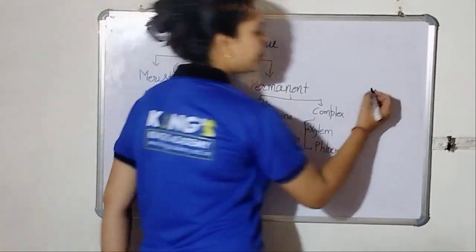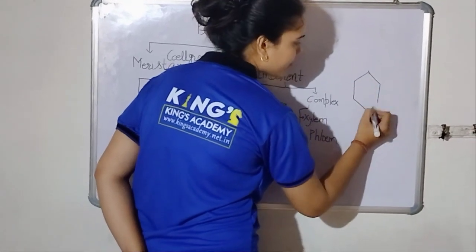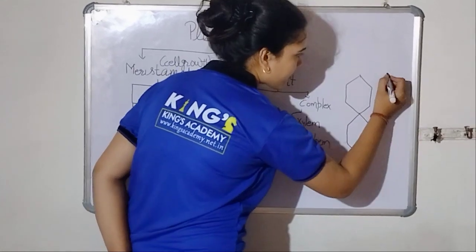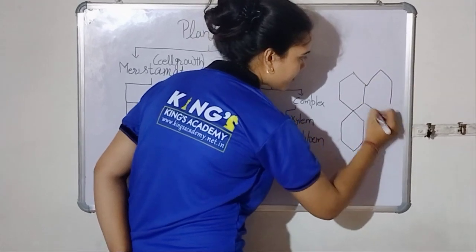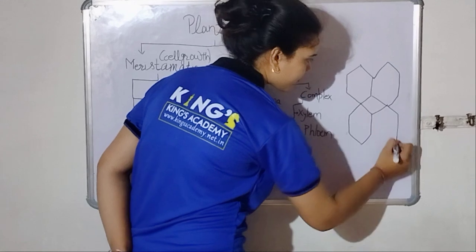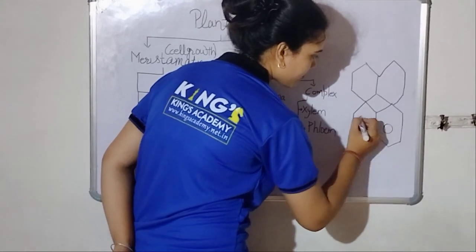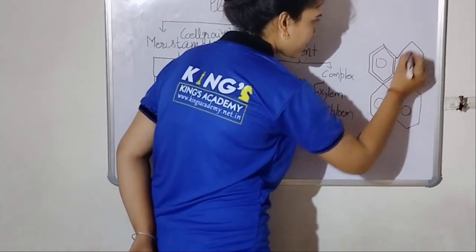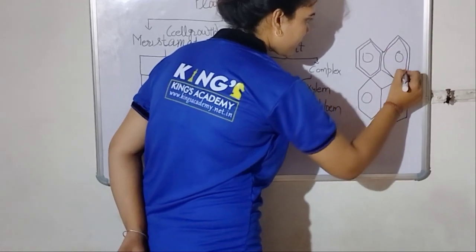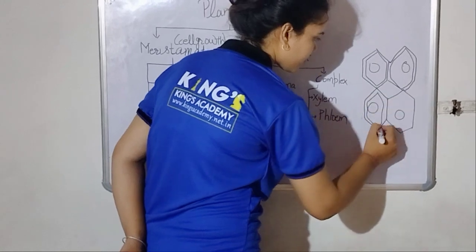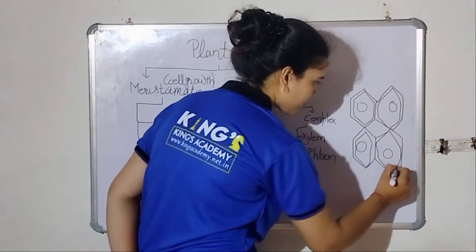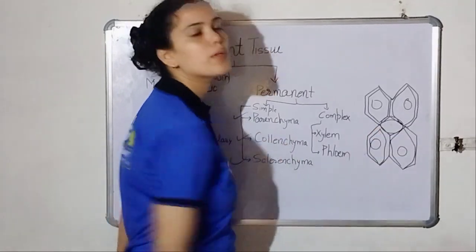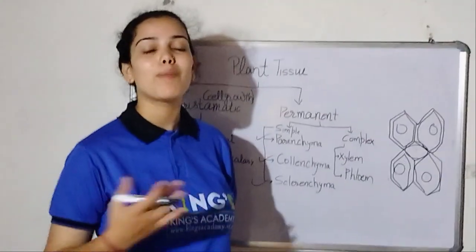These are simple collenchyma cells, which have large intercellular spaces between them, meaning the cells have a large number of spaces between them.